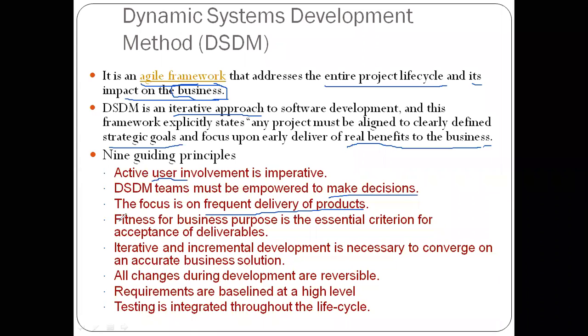Next, the fourth one is: fitness for business purpose is the essential criterion for acceptance of deliverables. Whatever requirements they are asked for, they should develop such things into that particular project. After development, they go for acceptance by a client or some users.